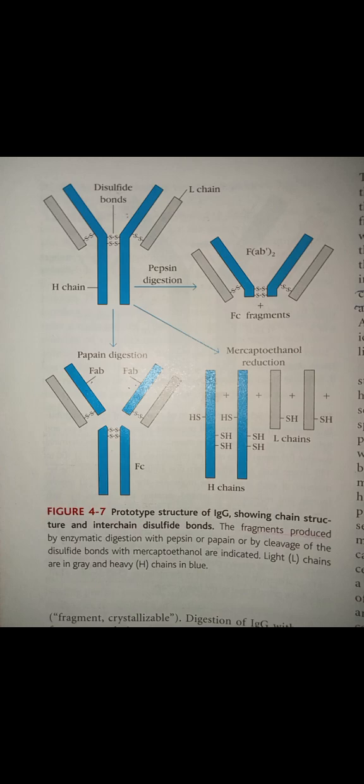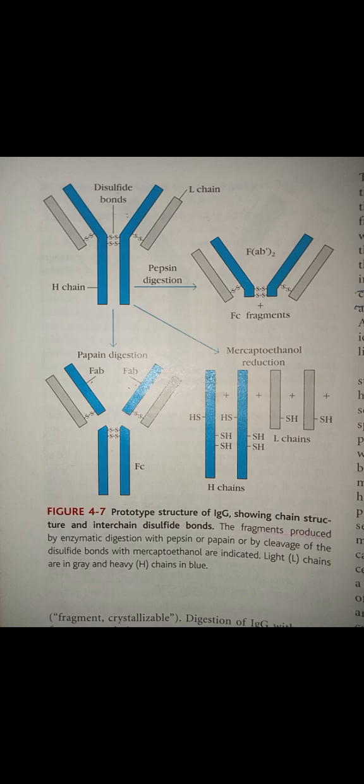Light chains are in grey and heavy chains in blue. Here you can see disulfide bonds are there. L chain is there, H chain is there. Then papain digestion, we can see Fc fragments. Then pepsin digestion, Fab regions. Mercaptoethanol reduction, we can see some other regions. Okay.